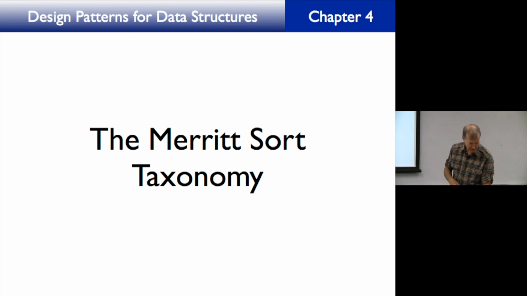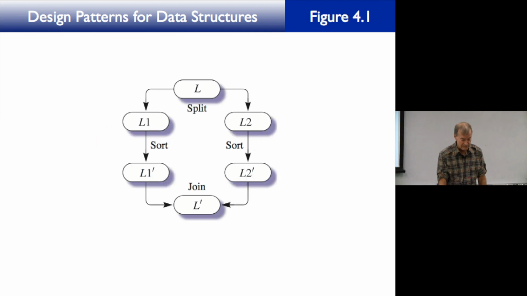So the topic is comparison sort algorithms, and we are going to use a particular taxonomy that was developed by Susan Merritt. I know I have the original paper on the course website if you would like to refer to that.